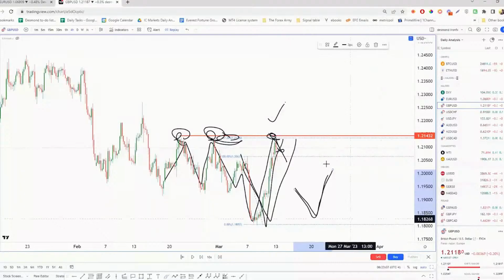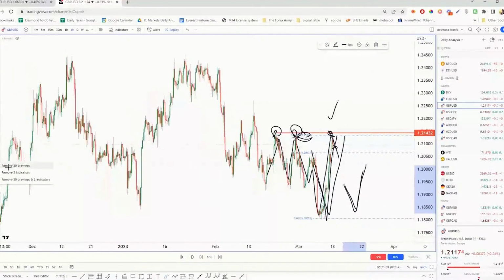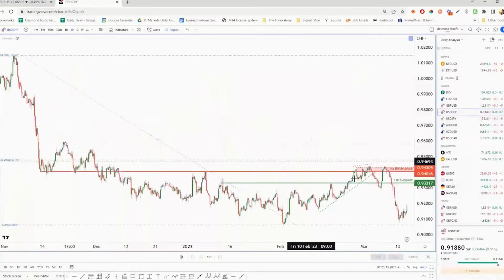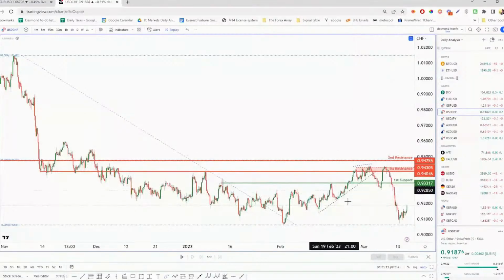Now, of course, you can combine it with different forms of Fibonacci. Let's try to see if I can find any over here. Let's see, I'm trying to find one with a Fibonacci projection tool.